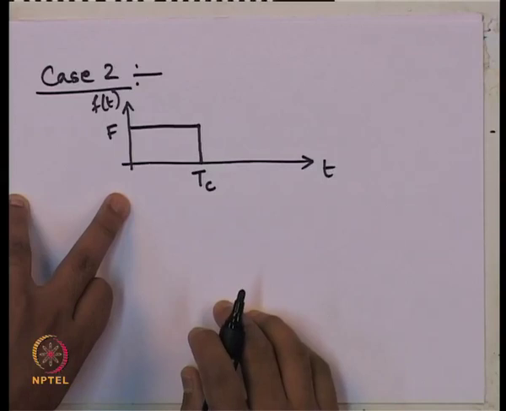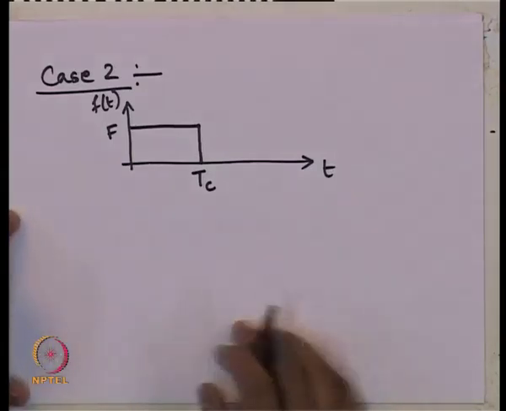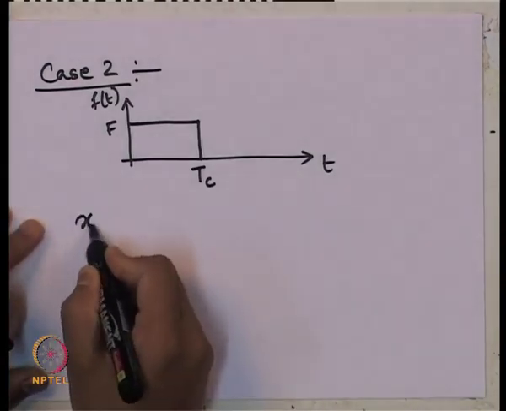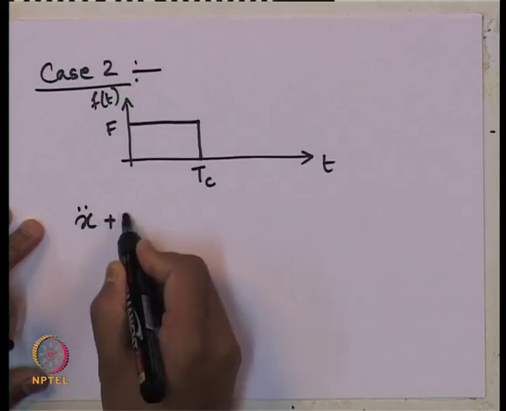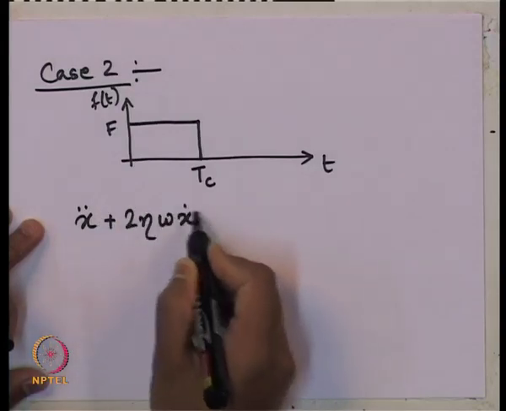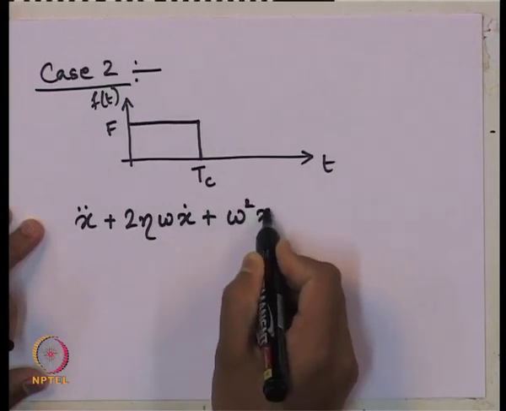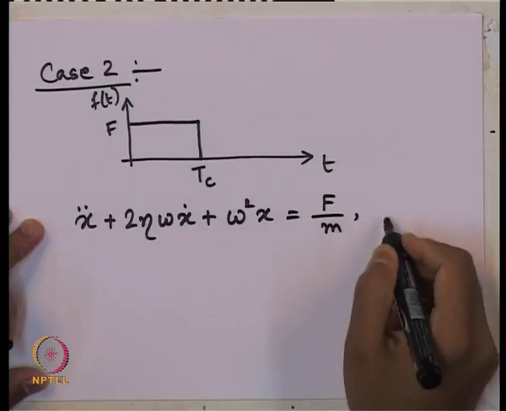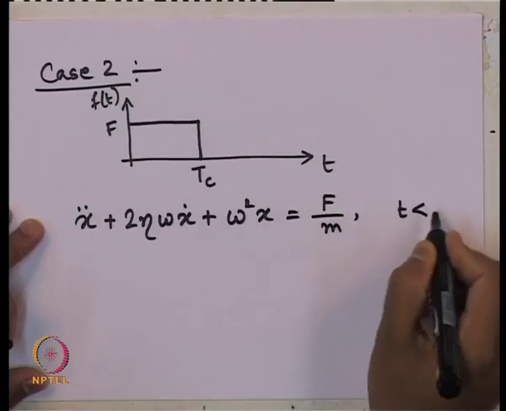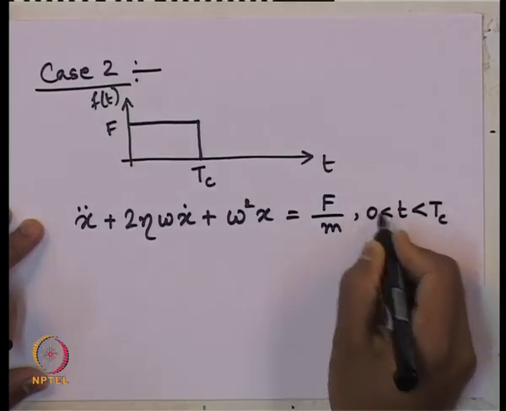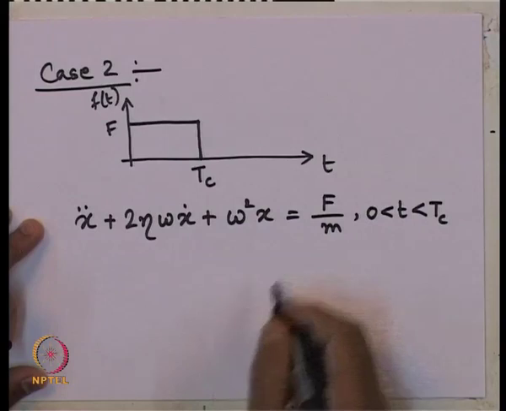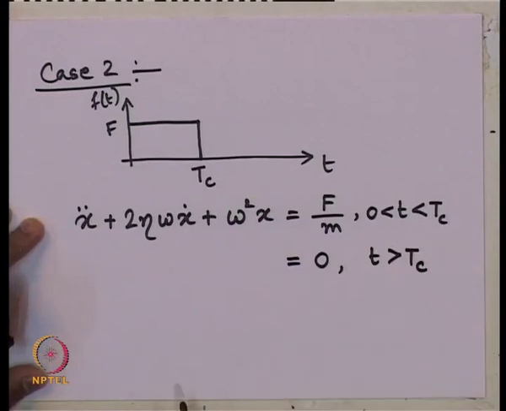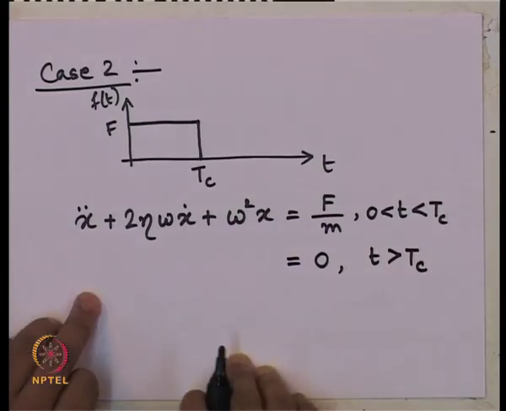Then how do we write the equation of motion for this kind of loading, which is pretty easy: x double dot plus 2 eta omega x dot plus omega square x equals f by m if t is between 0 and T c, but this equals 0 if t is greater than T c. That is what the equation of motion takes as its form.